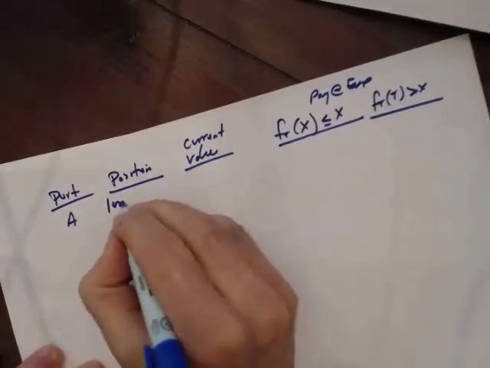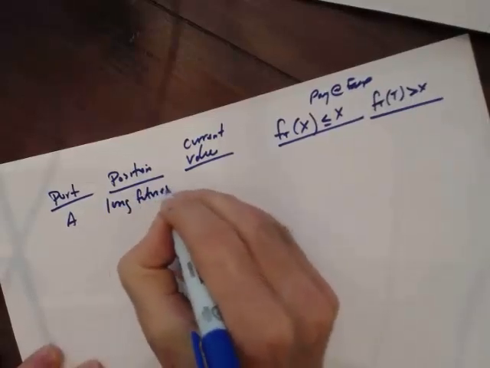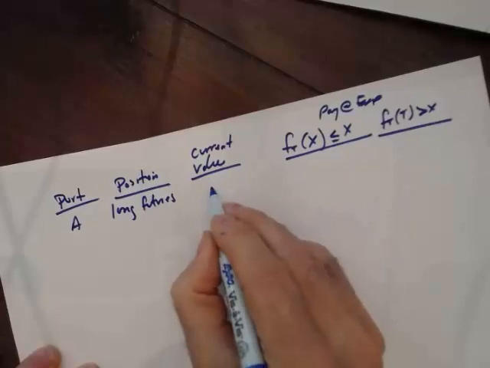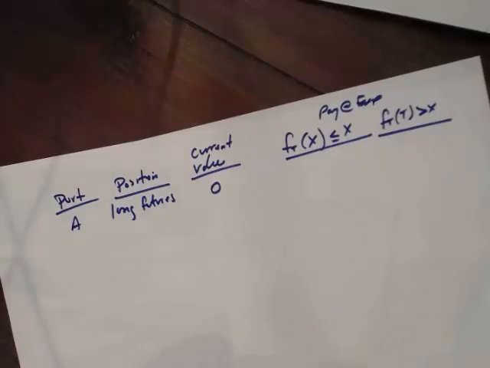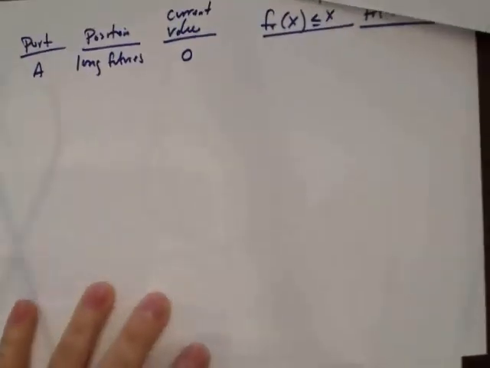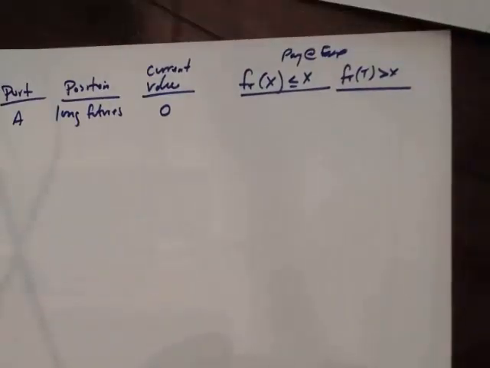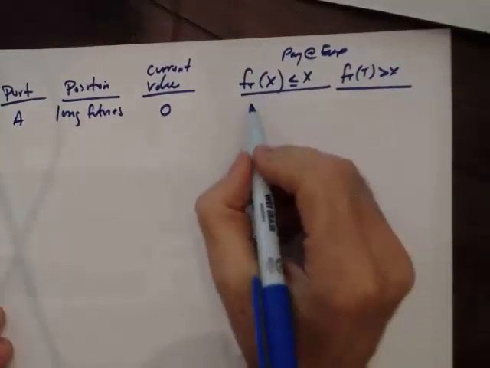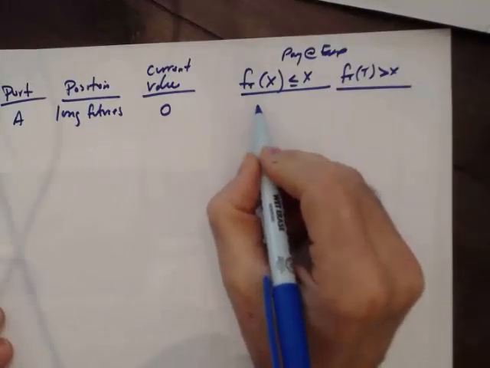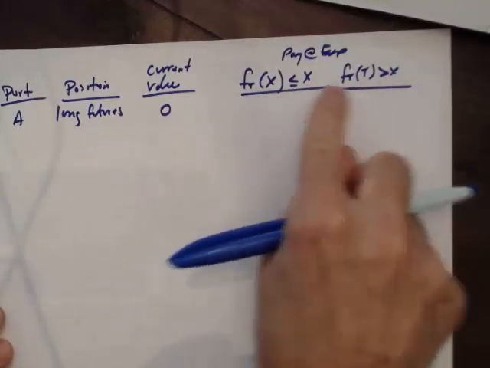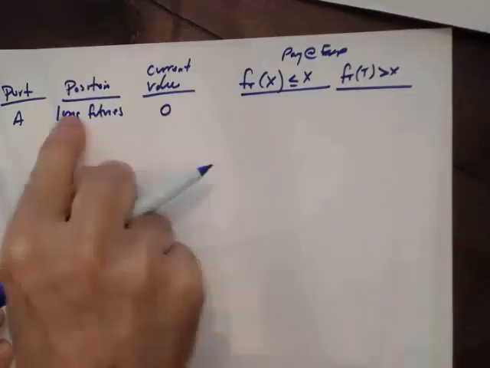And we're long a futures, and the current value of a futures contract when we start out is 0, so we're applying that idea here. And it doesn't matter whether you're above or below the strike for the futures contract.